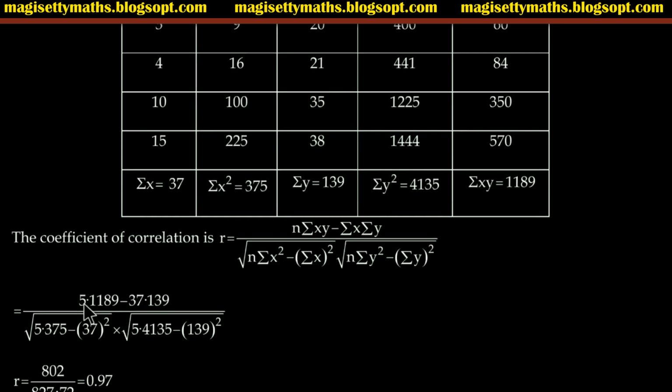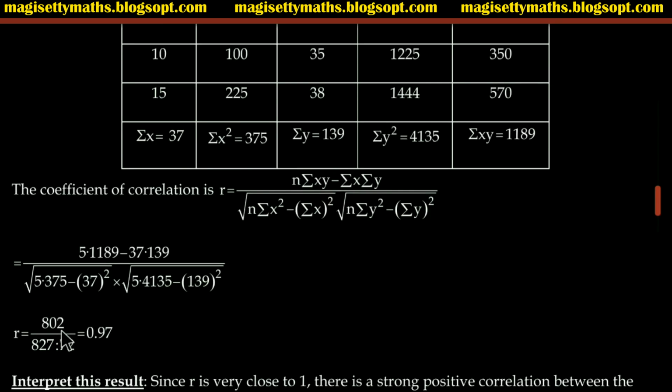Now substituting the corresponding values, n is 5 into summation xy 1189 minus summation x 37 into summation y 139, divided by square root of 5 into summation x square 375 minus 37 whole square, into square root of 5 into summation y square 4135 minus 139 whole square.